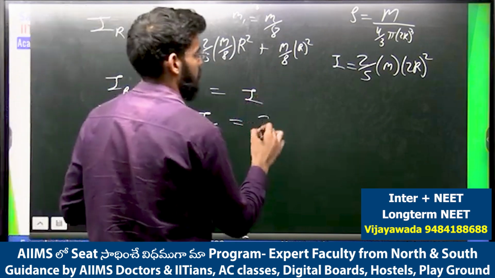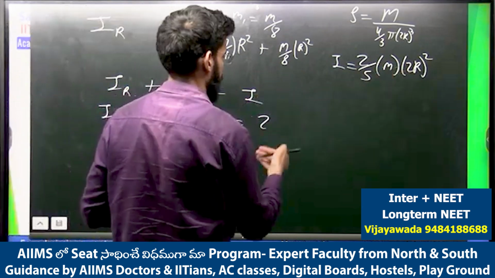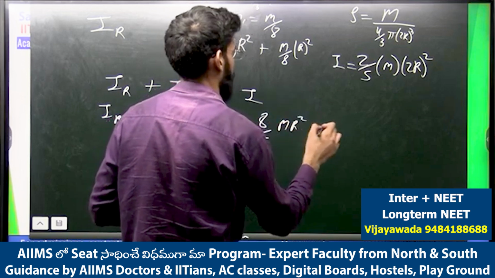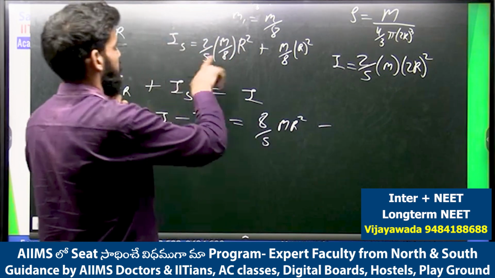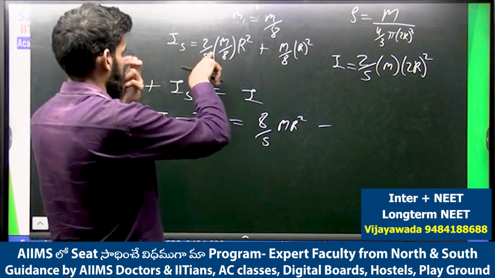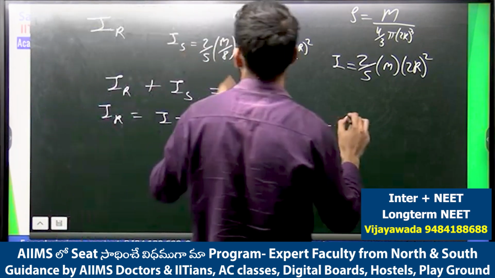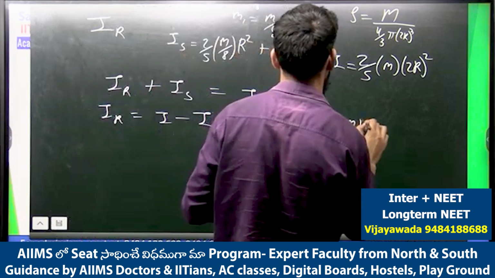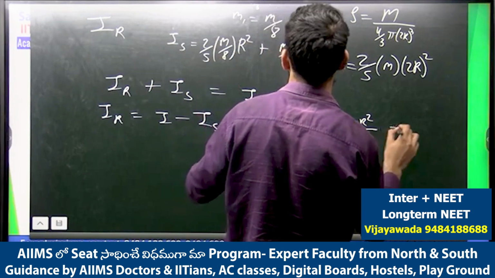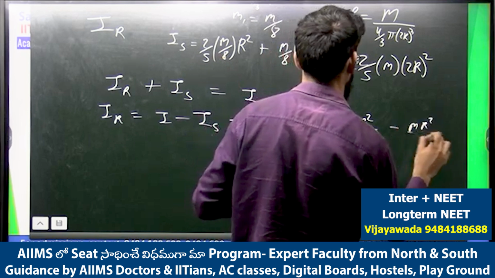So you write down the values. I is how much? 2 by 5 and 4 times 8, so 8 by 5 mr square, and minus IS. IS is how much? Mr square, this is 4 5 4 20, and this is mr square by 8.